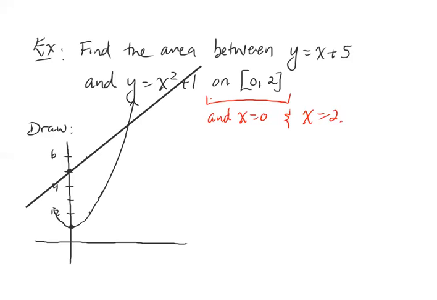But if I am trying to find the region between them on the interval 0 to 2, that's from x equals 0, which is right here, to x equals 2. So this is 1, 2. Let me draw the axes in black. Then the region that I'm looking for is right here.